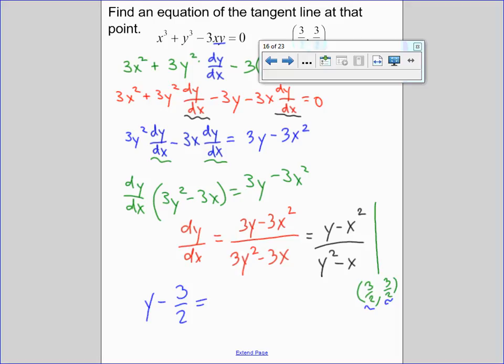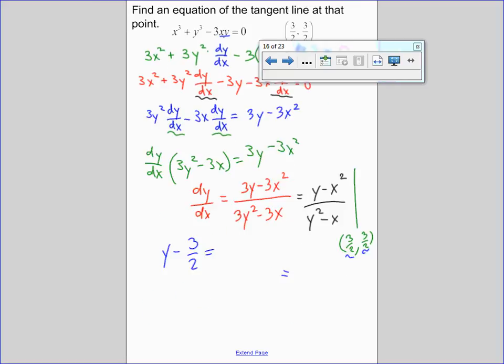So can I do that now? All right, we'll do it right here. I get 3 halves minus 9/4 all over 9/4 minus 3 halves.